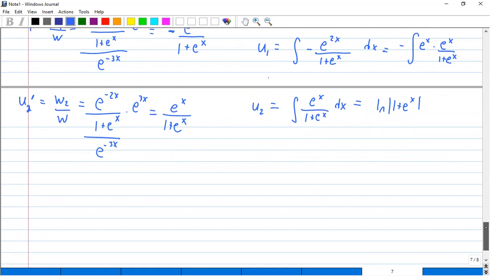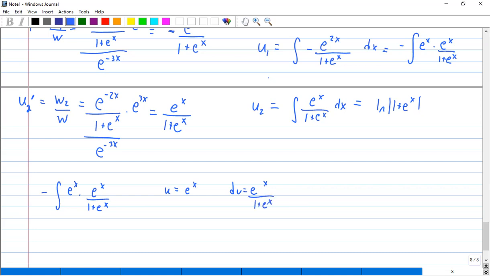So let's see. I'm going to have the negative integral of e to the x times e to the x over 1 plus e to the x. So I would let my u equal e to the x and my dv equal e to the x over 1 plus e to the x.